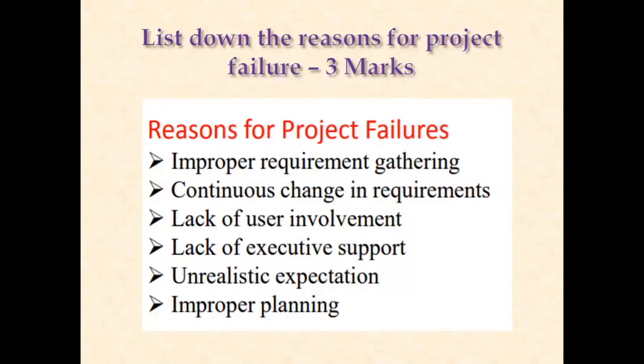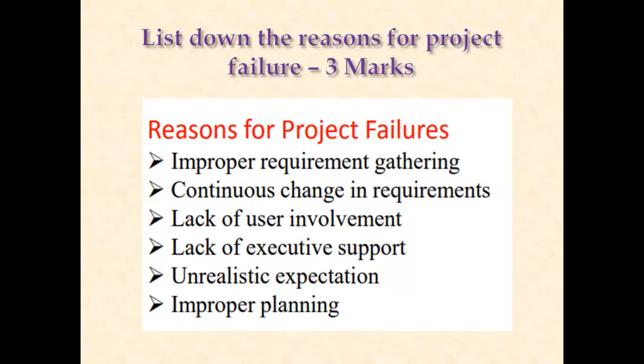Okay, now again, what are the reasons for a project failure? Again, this is available in our workbook. It is improper requirement gathering, continuous change in requirements, lack of user involvement, lack of executive support, unrealistic expectations, and improper planning. You just have to list down the reasons. And please note, this is a generic answer.